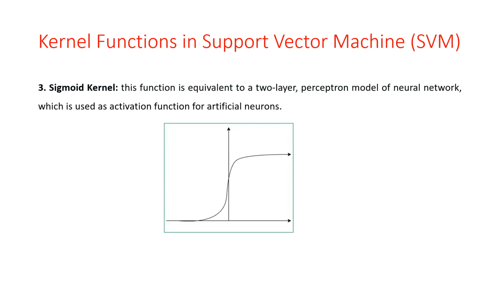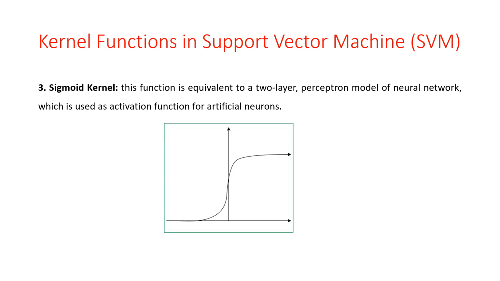The third point is the sigmoid kernel. This function is equivalent to the two-layer perceptron model of a neural network, which is used as an activation function for artificial neurons. So this type of kernel function we can use in neural networks. If you are deeply studying artificial neural networks, deep learning or soft computing techniques, there we have the concept of neural networks. Neural networks are again characterized into two types, biological neural network and artificial neural network.